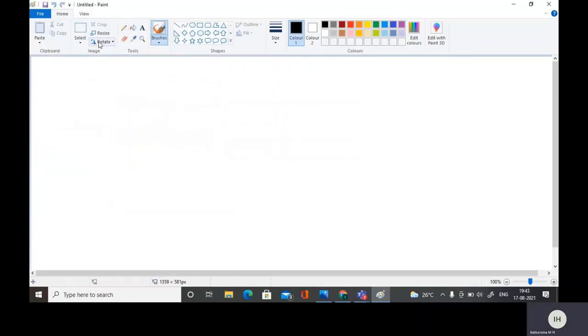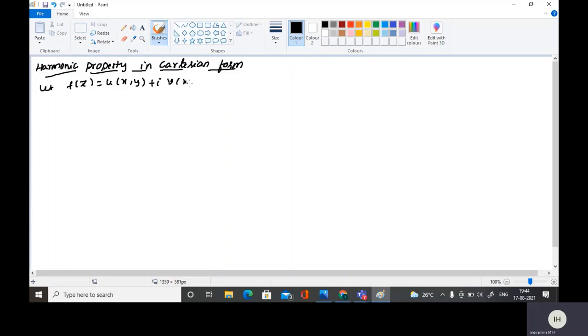Harmonic property in Cartesian form. Okay, so the statement: let f of z is equal to u of x comma y plus i into v of x comma y be analytic.